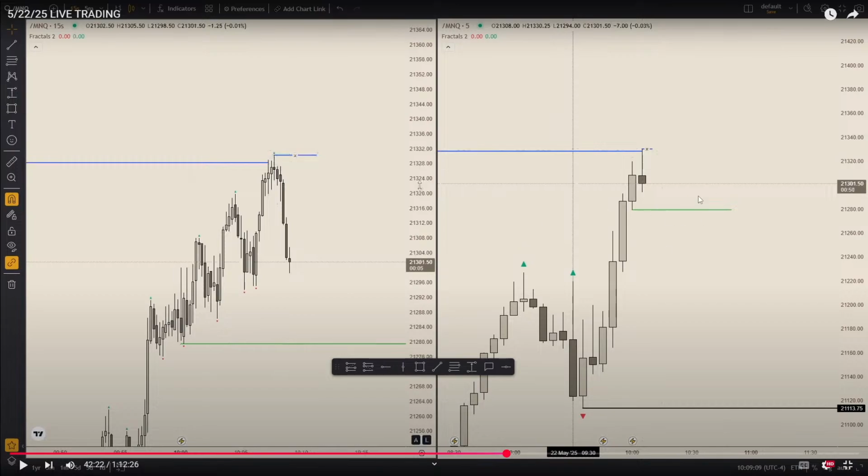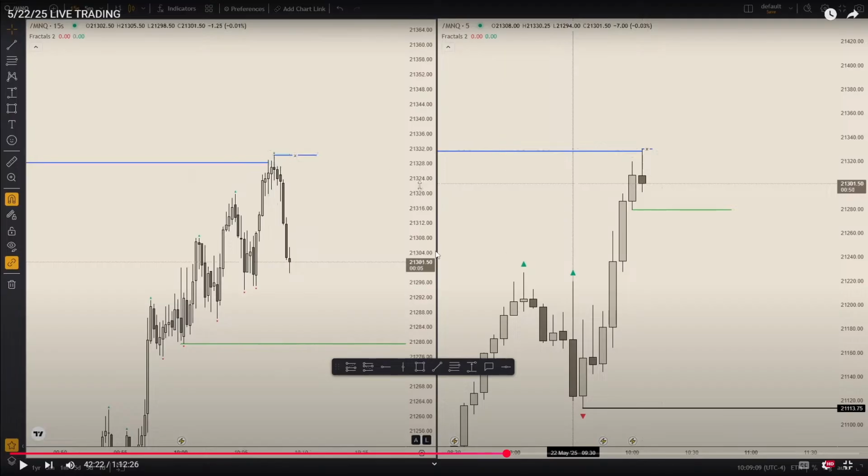I know that sounds confusing, but if we just look at the opening 9:30 candle, you can see despite the fractal, this candle's high is lower and this candle's high is lower, so this is a swing point in the market. Same thing here: this candle's low is higher than this low, and this candle's low is higher than this low. So for a fractal, two candles have to be lower on the left, and two candles on the right have to be lower.